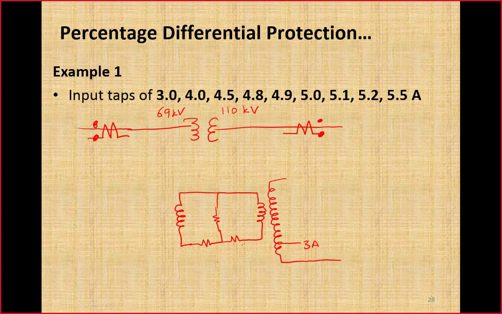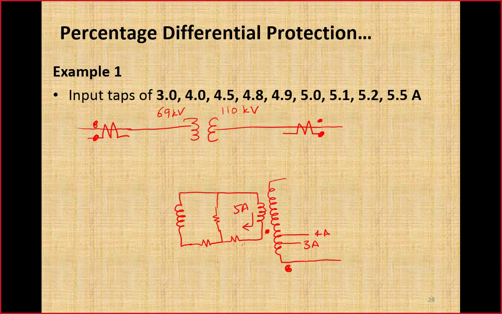A 3 ampere tap means if through this section of primary winding 3 ampere will pass, it will give us a secondary current over here of 5 ampere. This is what is meant by the 3 ampere tap. Then we have a 4 ampere tap. So the current will further increase the number of turns here.